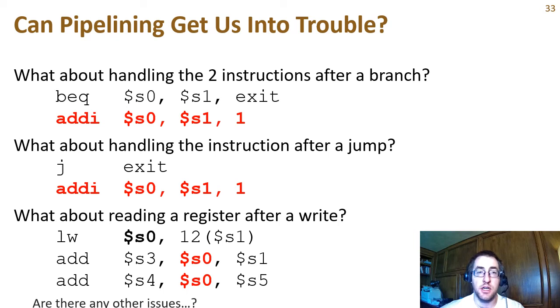The add instruction there, S3, S0, S1, is going to be in the mem stage when the load word is writing back its value, which means that it's already going to have calculated its addition of S0 and S1 using an old value, a stale value of S0. So that's not likely going to be the correct value. You certainly can't guarantee it'll be correct. And so that's going to be a problem. And we're going to talk about those problems in our next discussion.